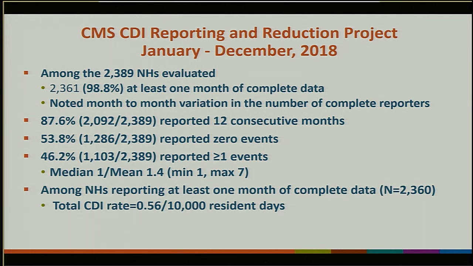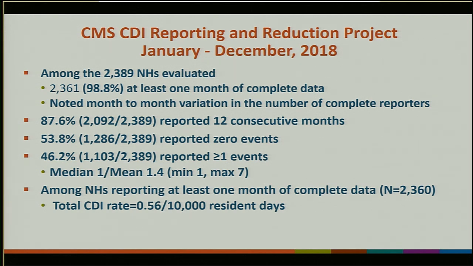Now let's look at 2018 data. Among 2,389 nursing homes being evaluated, 98.8% of those reported at least 1 month of complete data. That means you need a numerator and a denominator to be a complete month. About 88% of the facilities reported 12 consecutive months.